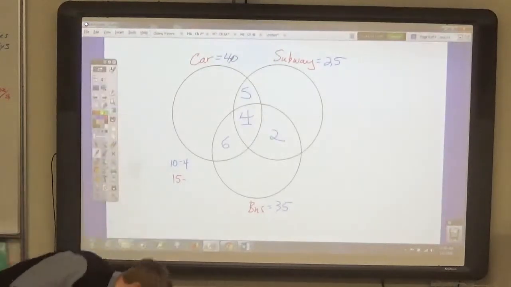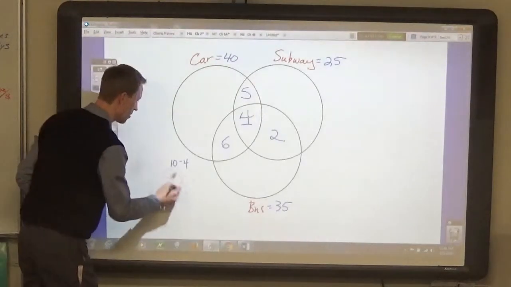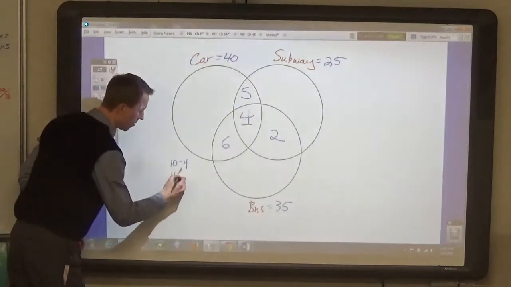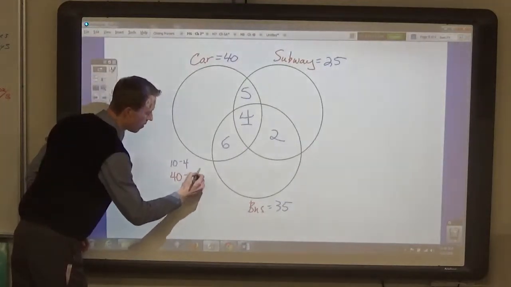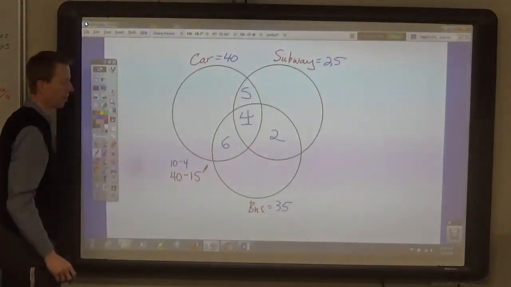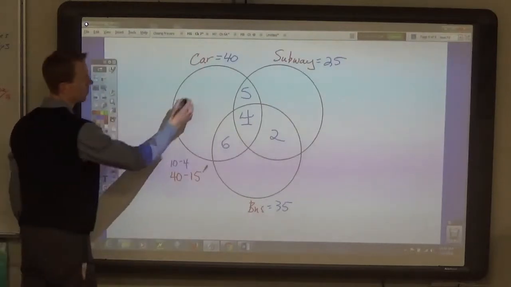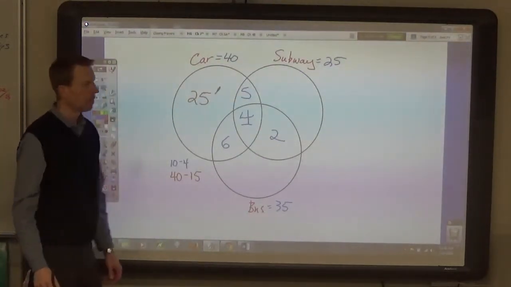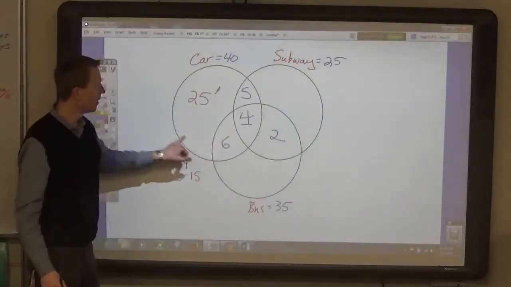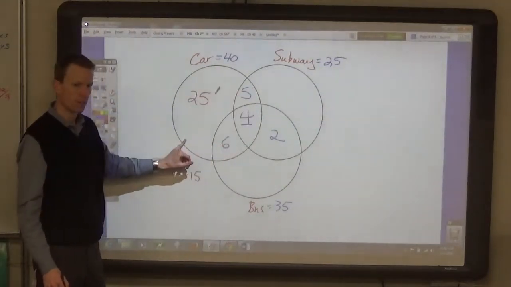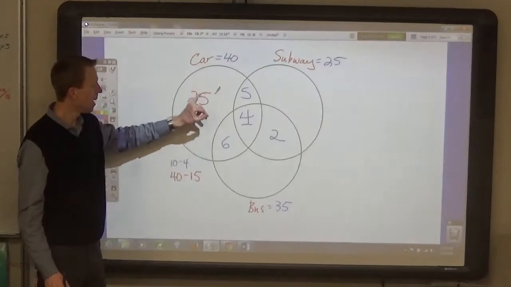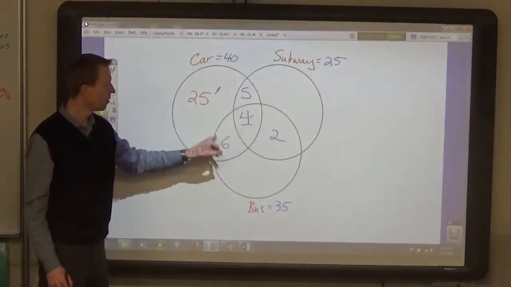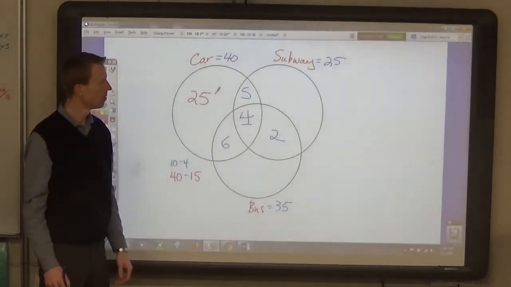Oops, I should have written it this way. 40 minus 15. How many only use the car? 25. Right? Because 40 total are in this circle. 40 minus the ones we already have is 25.